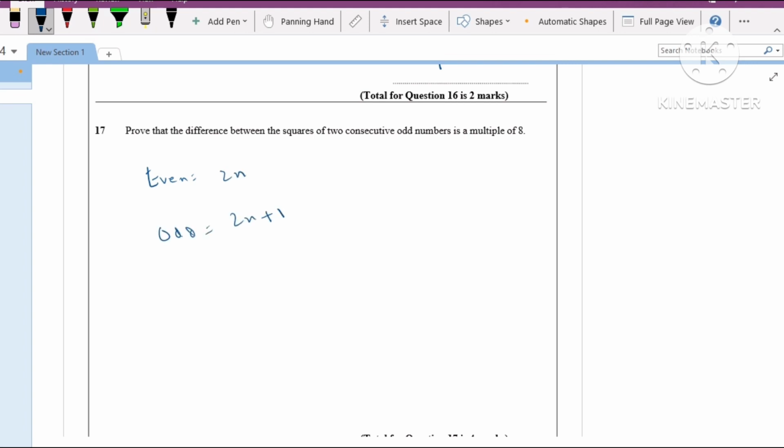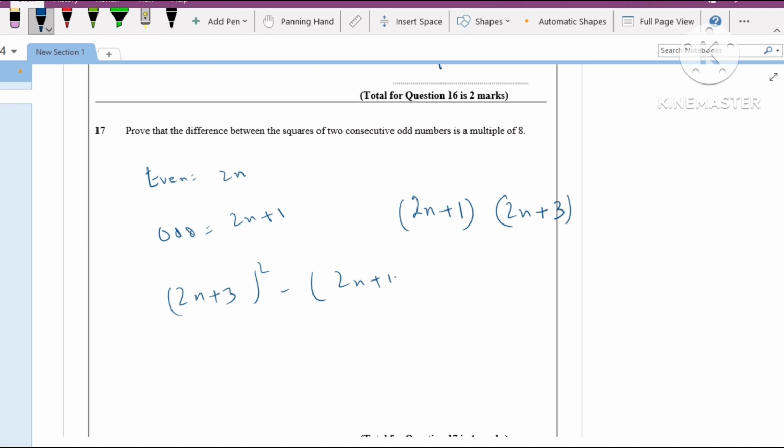If he's looking for two consecutive odd numbers, we assume the first odd number is 2n plus 1, then the second odd number is 2n plus 1 plus 2, which means 2n plus 3. So the difference between the squares: this is the next number, this is the previous. So we will find (2n plus 3) squared minus (2n plus 1) squared.